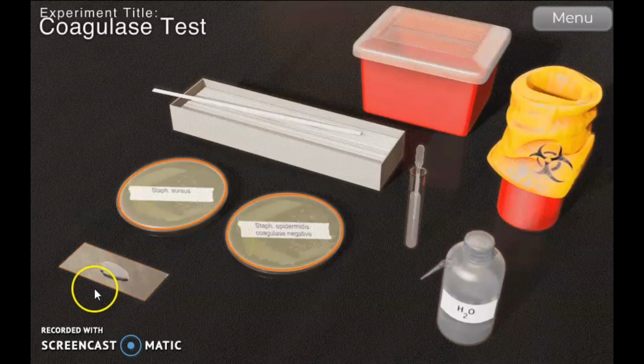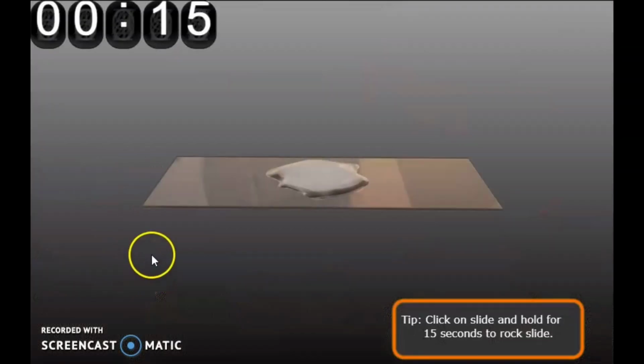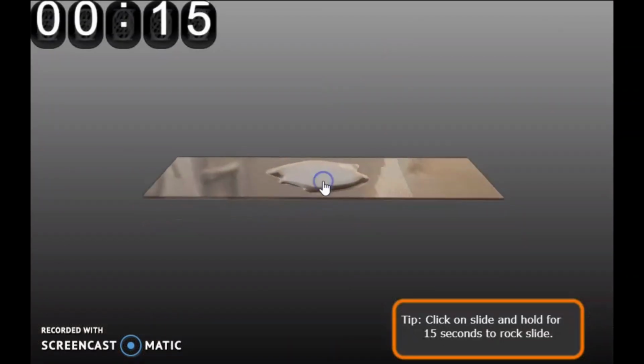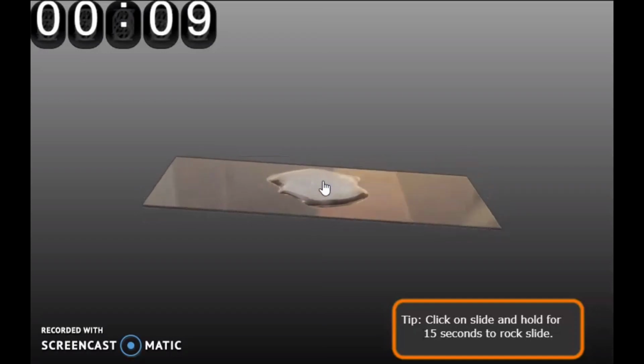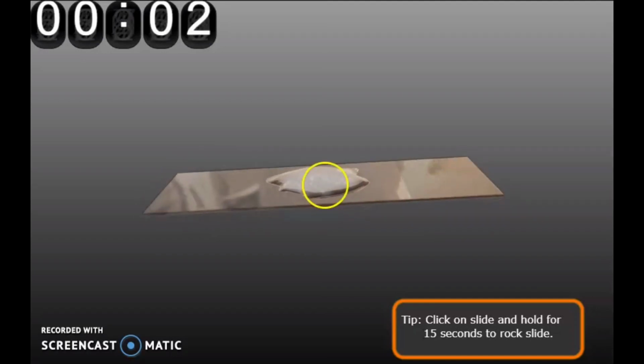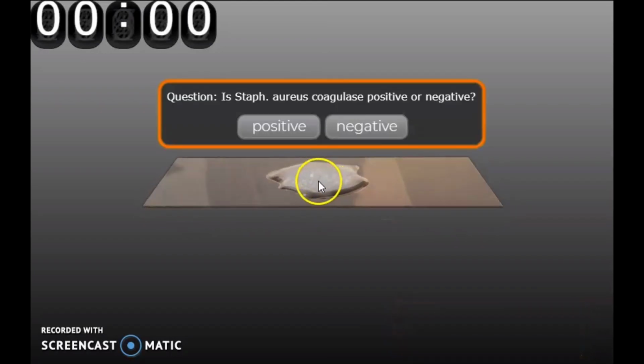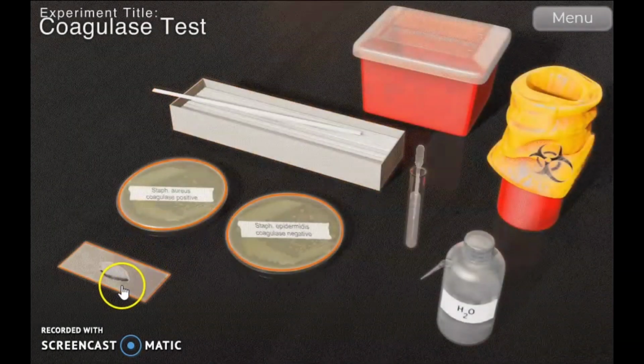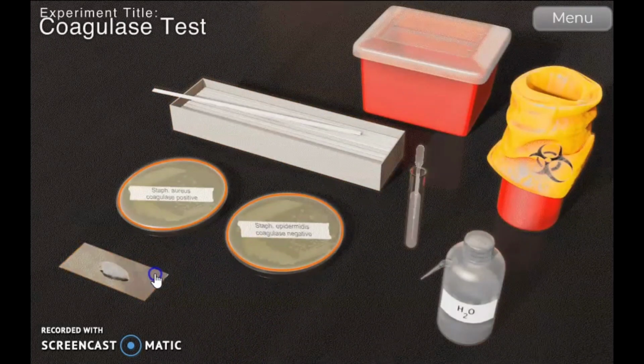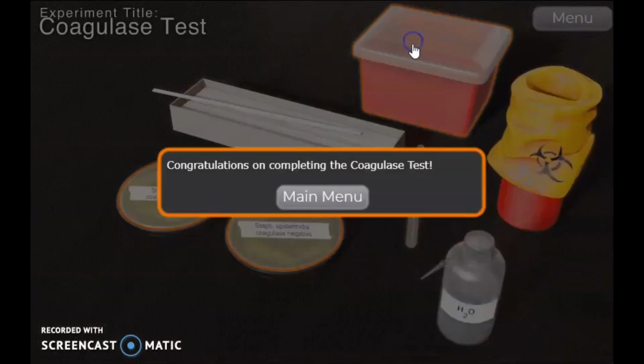And rub the slide. Watch for clumping. This is the positive. And lastly, dispose of the slide. We are done with the lab simulation for coagulase test.